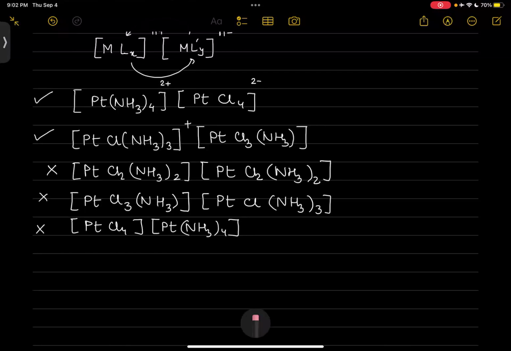Because the overall charge is... Yes, this will become neutral. It is going to become neutral. If it is neutral, no point of writing them side by side. It has become neutral. But what about the other two which are written below it?